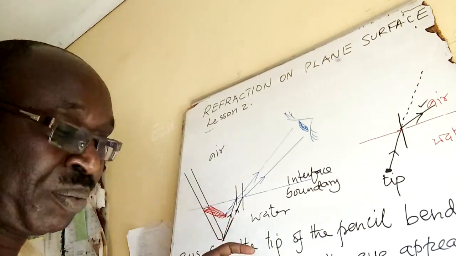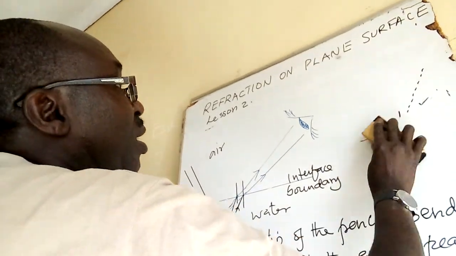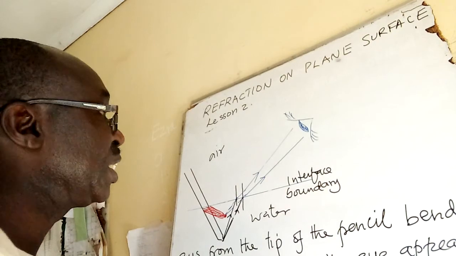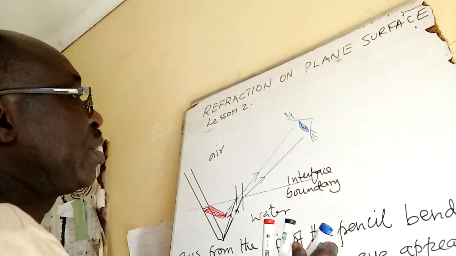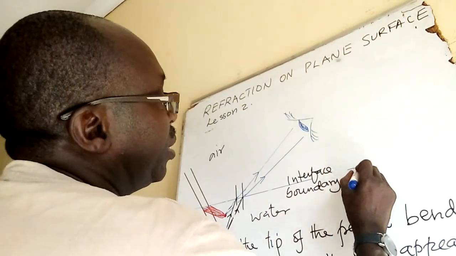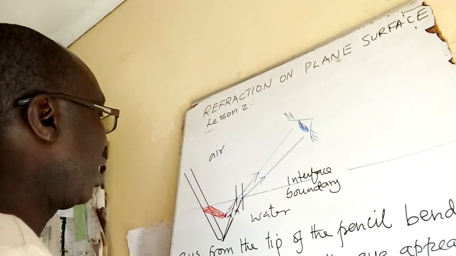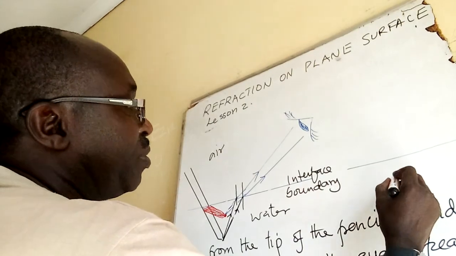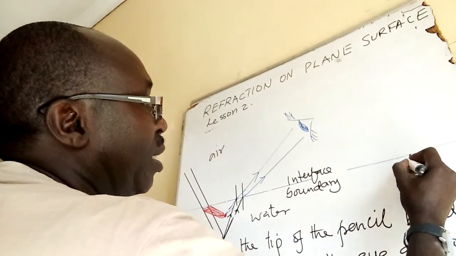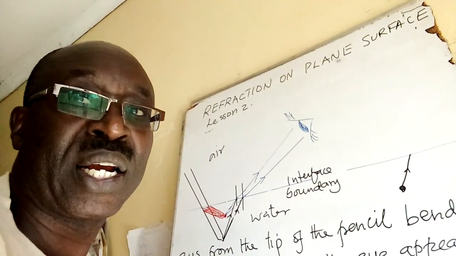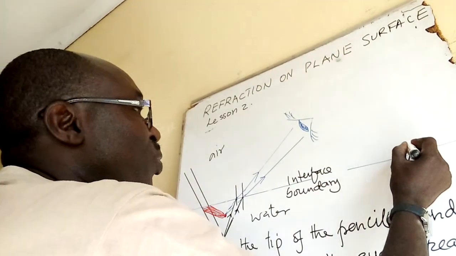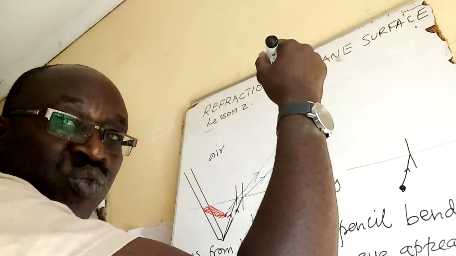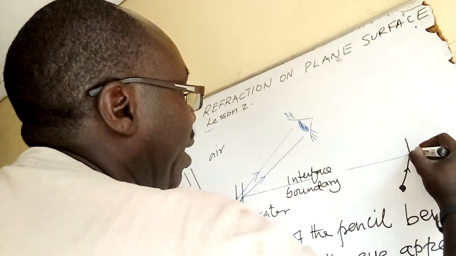You get it? So here, again, we can get it if you are still struggling. This time I use this. This is the same. I want us to get again the tip only. If the tip comes here, ray 1, you draw this. So the ray cannot continue on a straight line. It will bend.